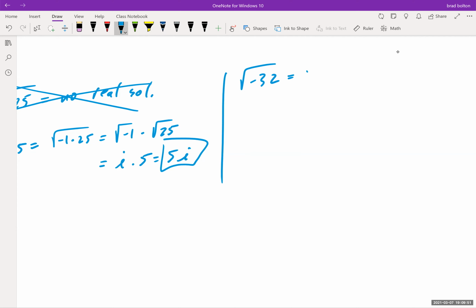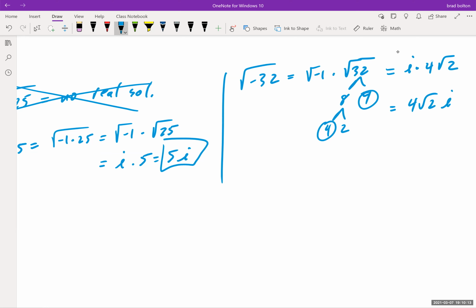This is actually the square root of -1 times the square root of 32. I know 32 is actually 8 times 4, and 8 is 4 times 2. So here's a pair of 4s. This becomes i times 4 square roots of 2, or the better way to write it, 4 square roots of 2 i. Sometimes I've also seen it written like this.